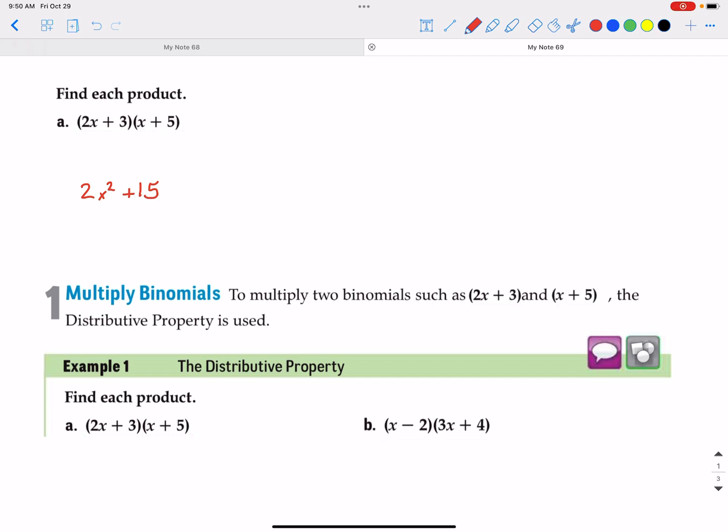The reason that's incorrect is because if 2x plus 3 times x plus 5 truly equaled 2x squared plus 15, then you should be able to pick any number to plug in for x in either situation, multiply them together, and get the same answer. So let's say, for example, we choose the number 3.